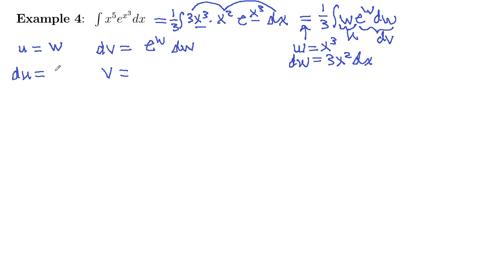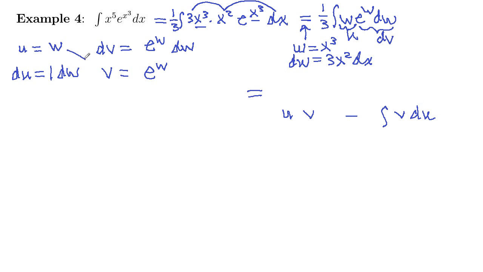And now our derivative here, the derivative of w is just 1 dw. And then from dv to v, we're doing an antiderivative. Antiderivative of e to the w is just e to the w. So that was an easy antiderivative. So now we can go ahead and change this over. So now we're going to have uv minus the integral of v du.